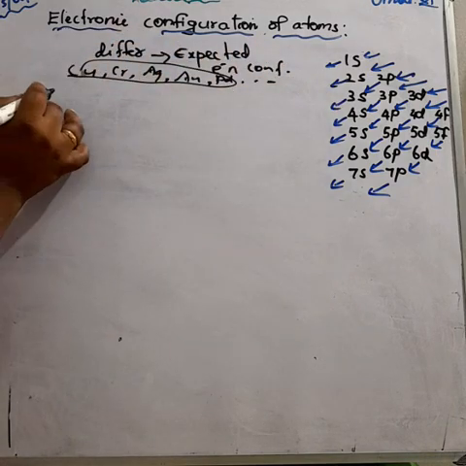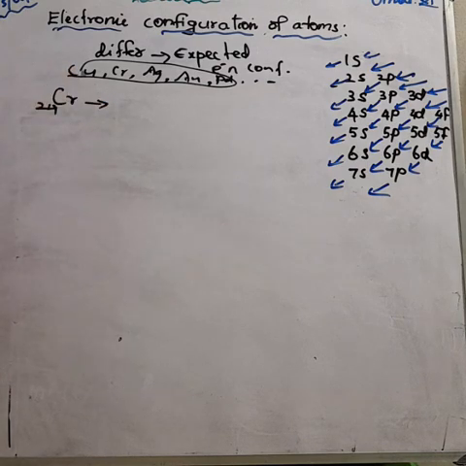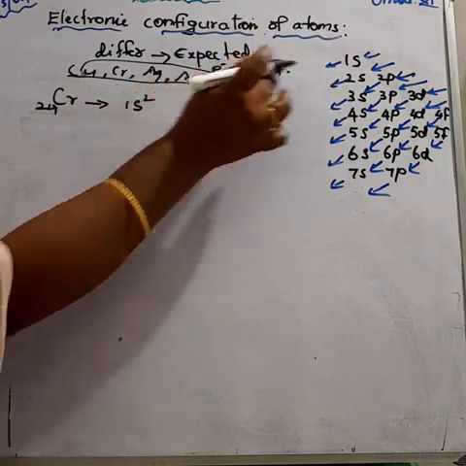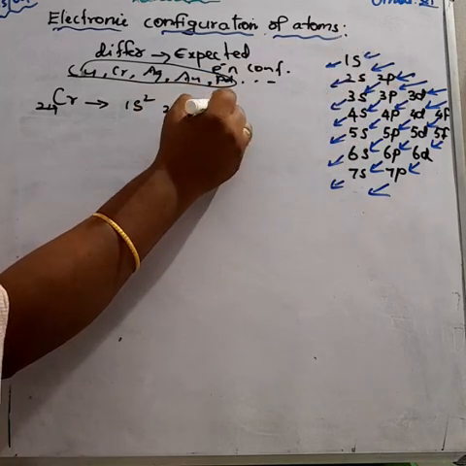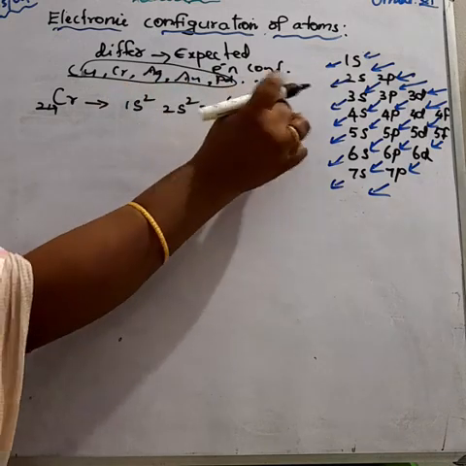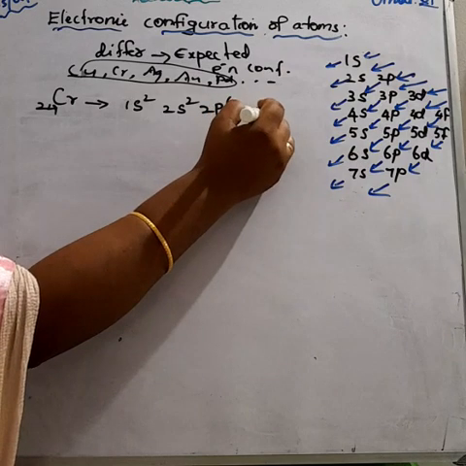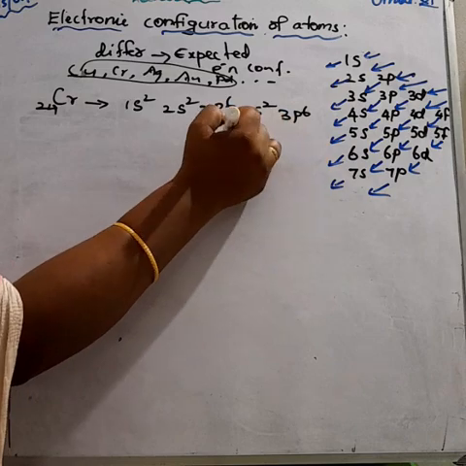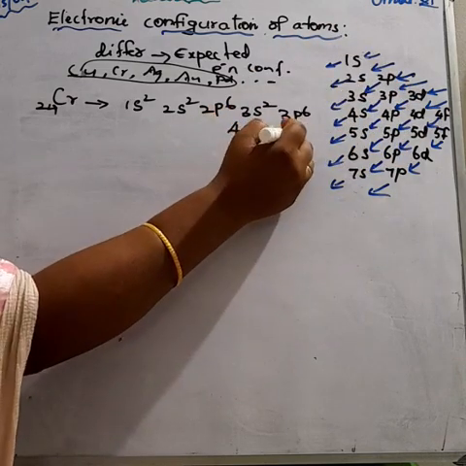First, chromium, atomic number 24. You know how to write the electronic configuration. First 1s2, after that 2s2, after that 2p6. Totally 24 electrons we need, 10 electrons are used, so the remaining 14 electrons are there. After 2p6 we can write 3s2 and 3p6, after that 4s2. After 4s2 we can write the 3d orbitals.